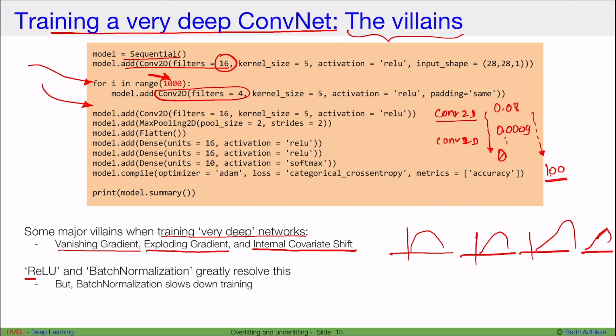Using ReLU activation and batch normalization greatly resolves these issues. But keep in mind that batch normalization slows down training. It doesn't mean that we can have models with hundreds of thousands of layers, but we can at least do a few hundred layers pretty easily with GPUs and other resources.